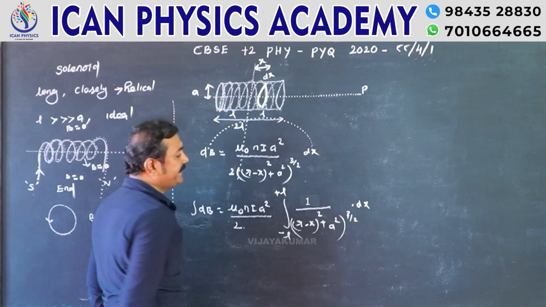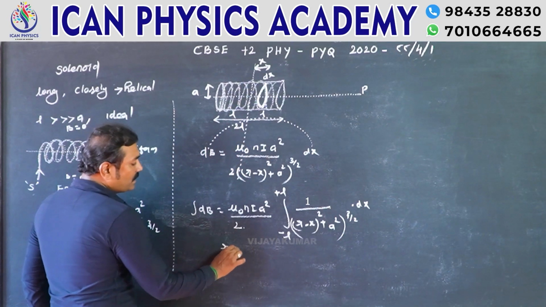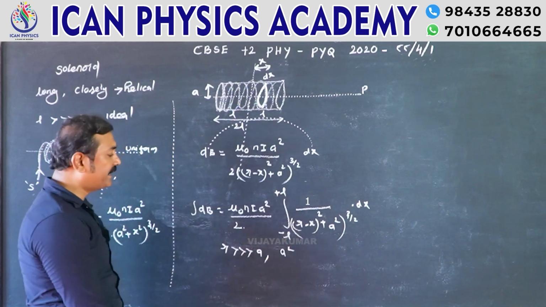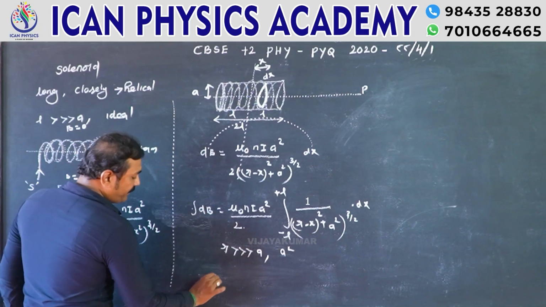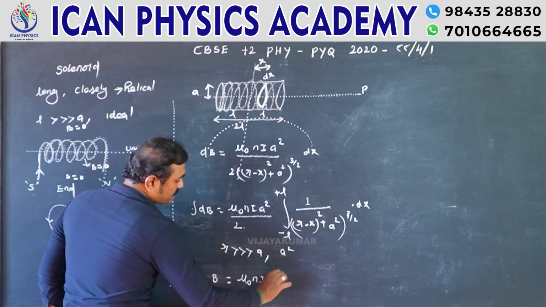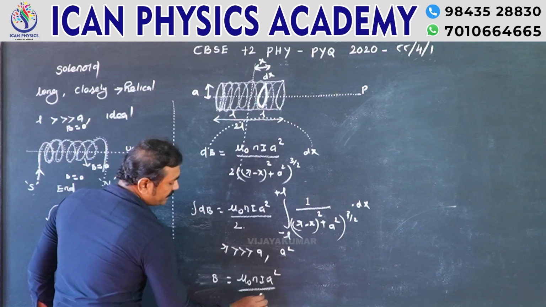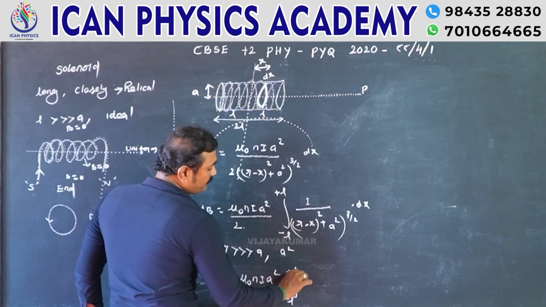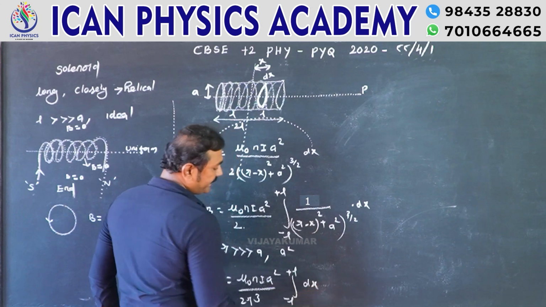Now, R is much greater than A, so A square can be neglected. When you integrate dB, it becomes B. So, mu naught N i A square by 2 R cube into the integral from minus L to plus L of dx.